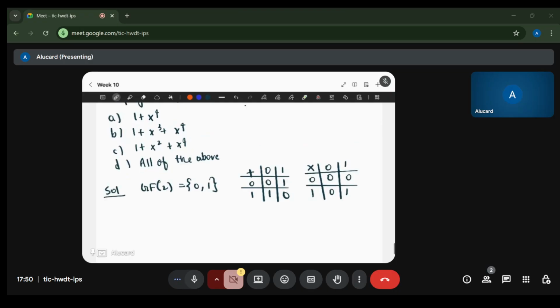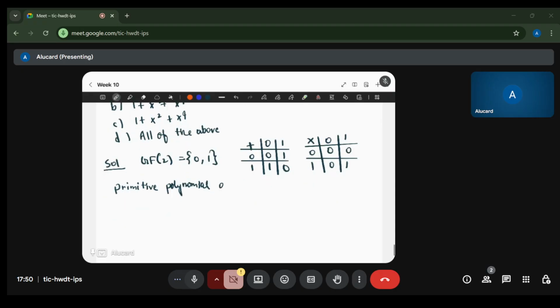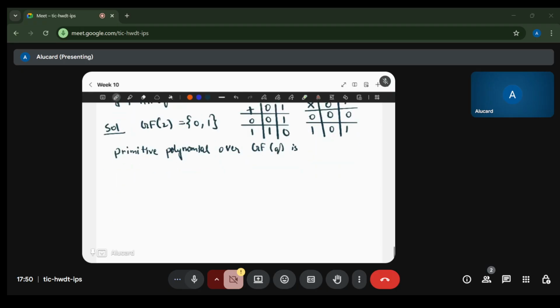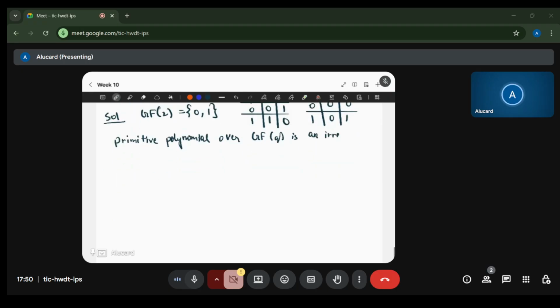Now, let me just write down the definition. Primitive polynomial over GF Q is an irreducible polynomial that does not have any roots.